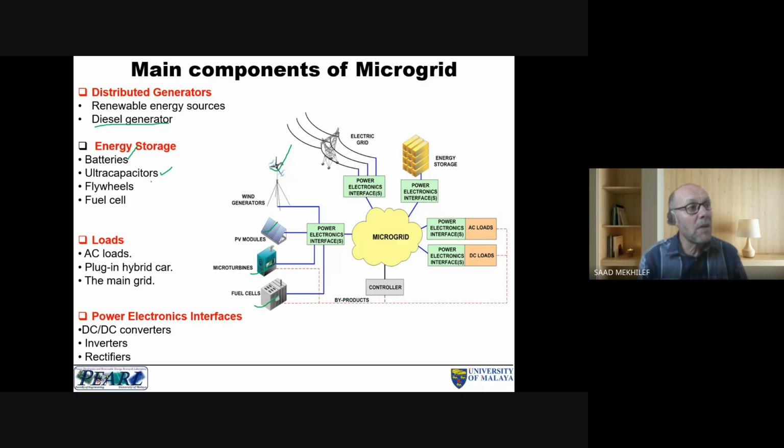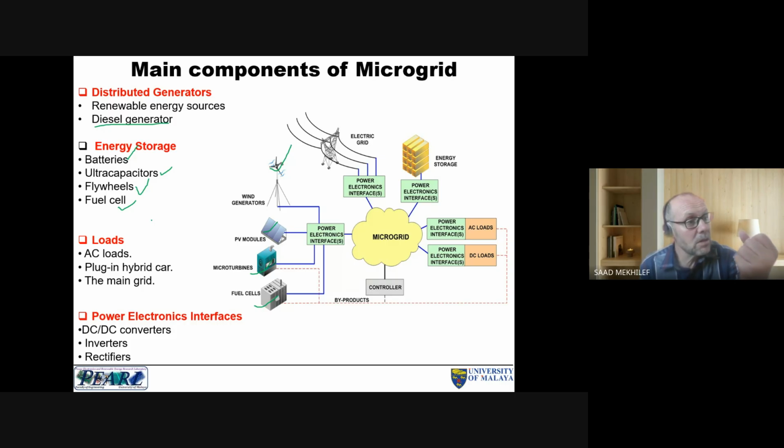Also, we have flywheels, which is another way, actually mechanical. It's like spinning. Then sometimes we may have excess power in some microgrids. So what do we do? We have an electrolyzer, and that electrolyzer generates hydrogen.